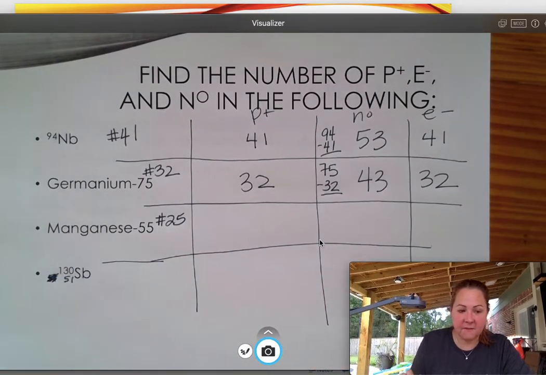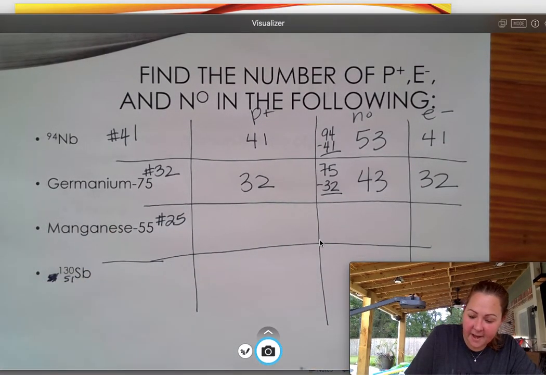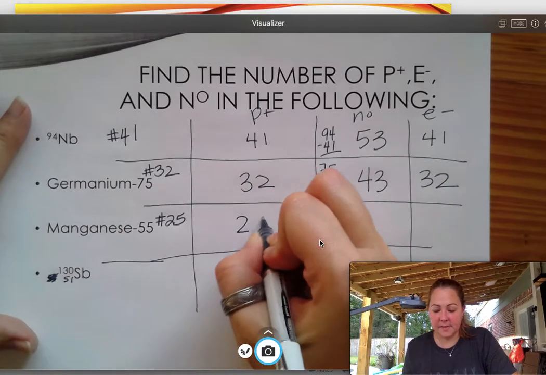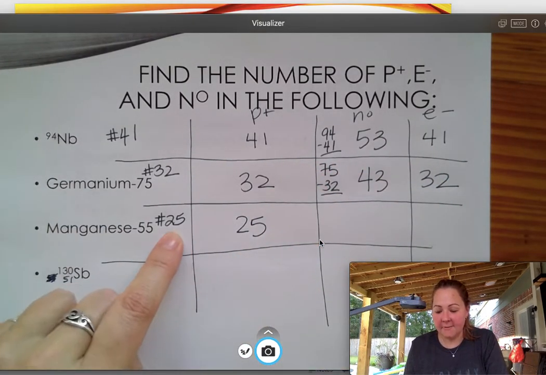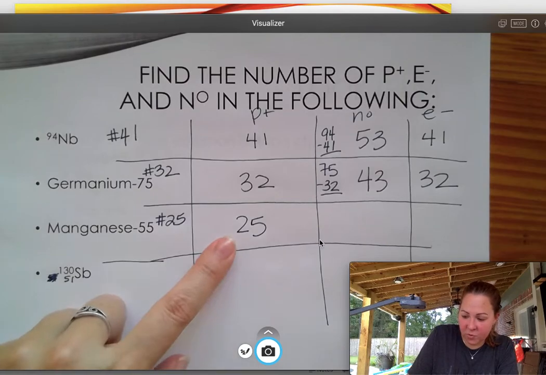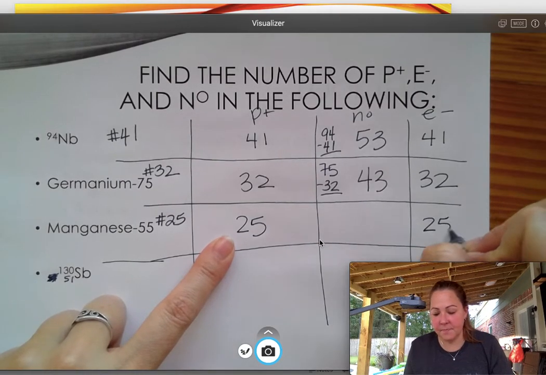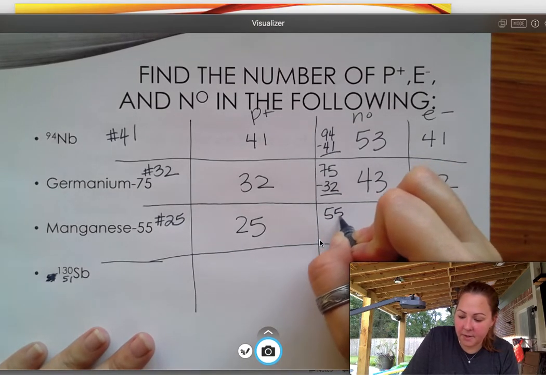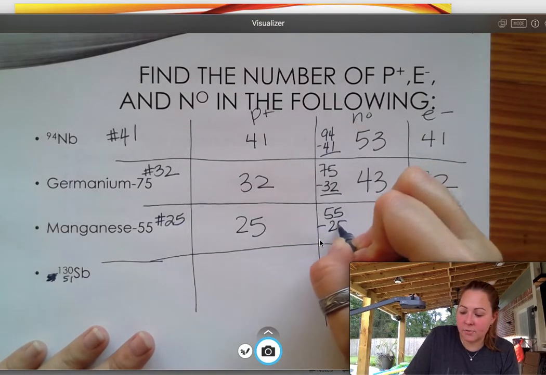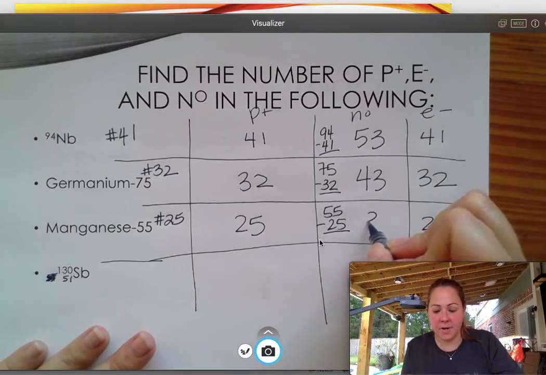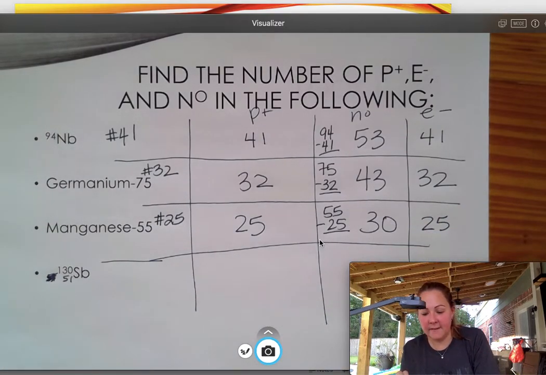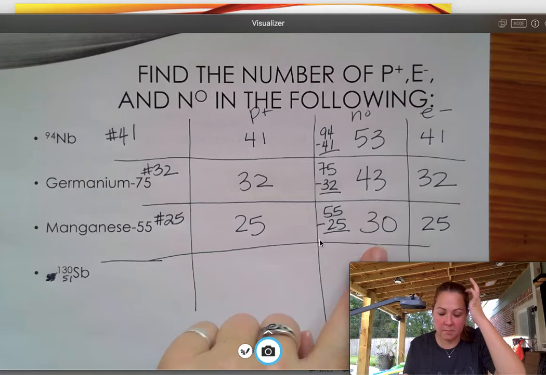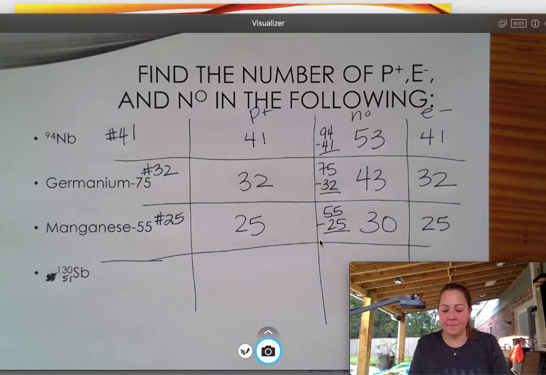In manganese 55, I have 25 protons because it's number 25. If I have 25 positive protons, I have 25 negative electrons. To get my number of neutrons, I'm going to take my mass minus my atomic number. When you subtract those two values, you end up with the number 30. So 30 plus 25, neutrons plus protons, gives me my mass number, which is 55.